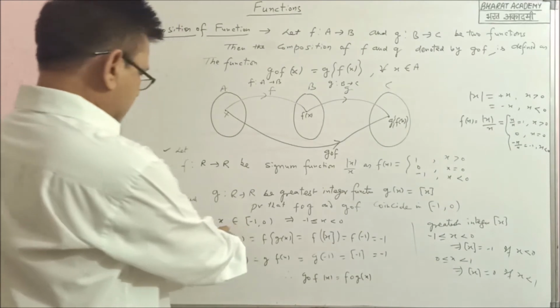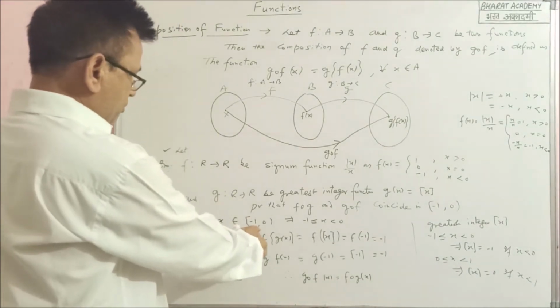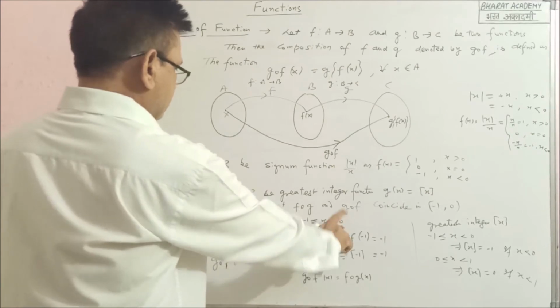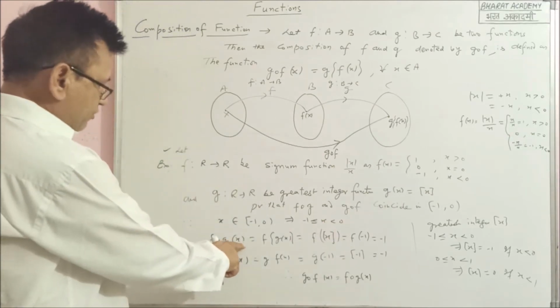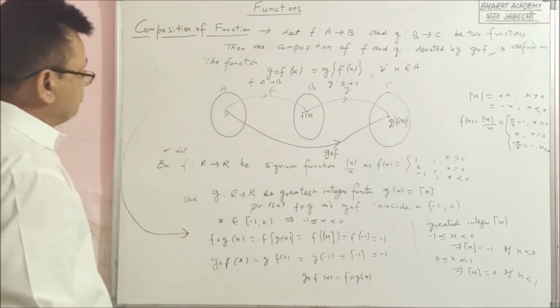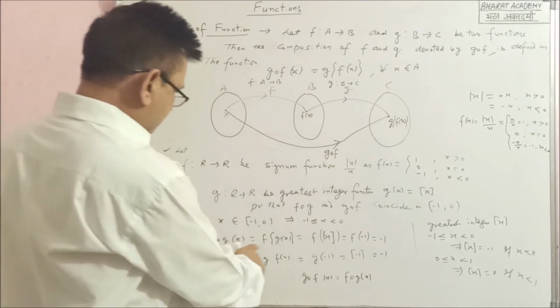If x belongs to this interval minus 1 to 0, it means minus 1 is less than or equal to x less than 0. FOG of x, from the definition of composite function, means f(g(x)).